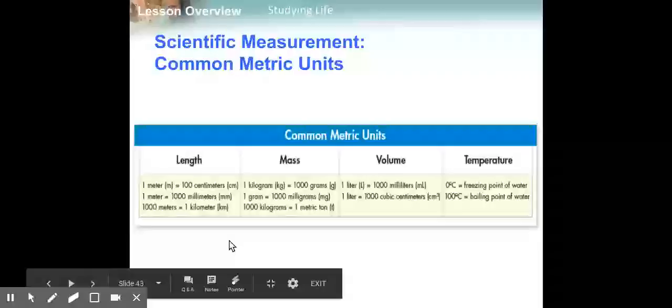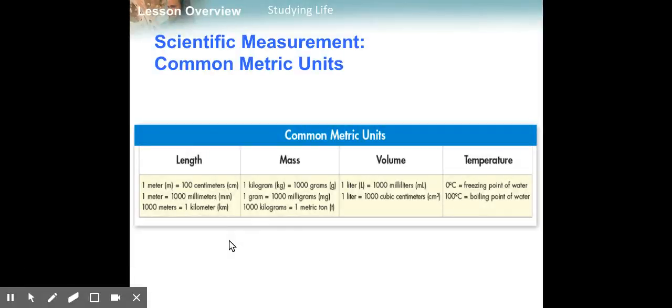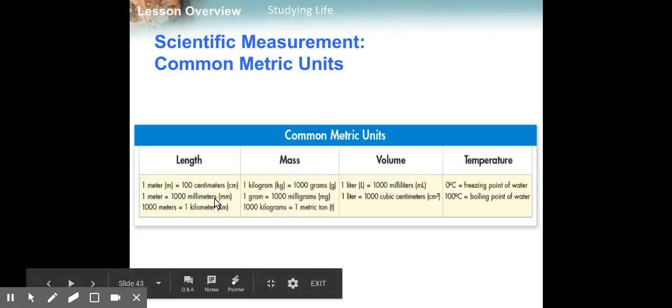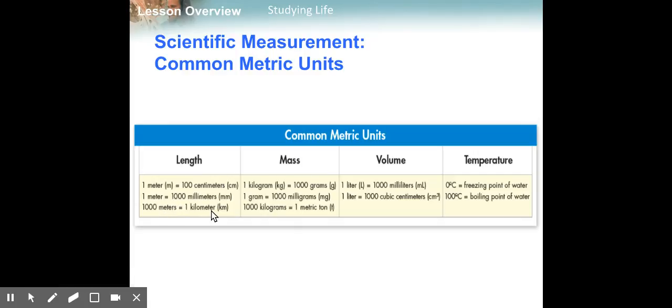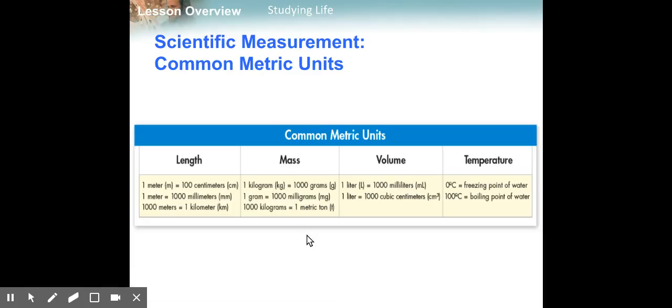Hopefully, you've used the metric system enough in junior high, maybe even elementary school, that you kind of understand how this works. But this chart gives a lot of common measurements. A meter is 100 centimeters, 1,000 meters is a kilometer, a kilogram is 1,000 grams. So that chart's in your book if you ever need to look back at it.